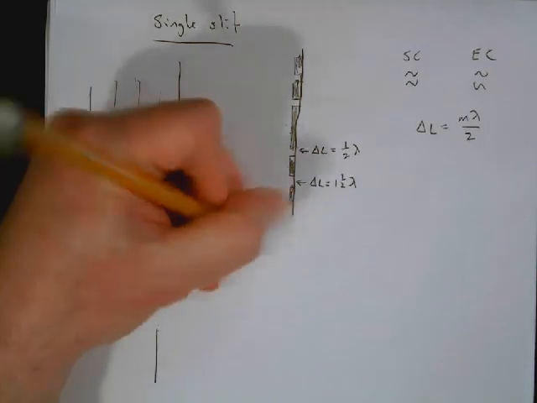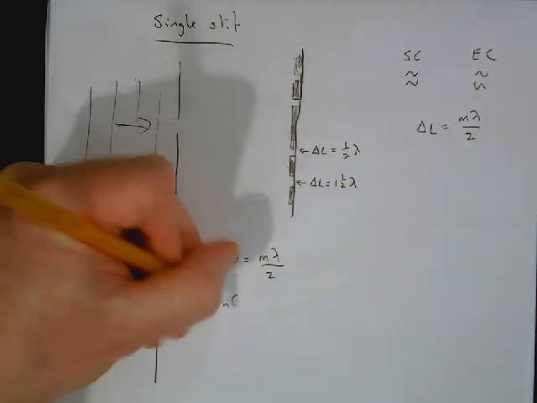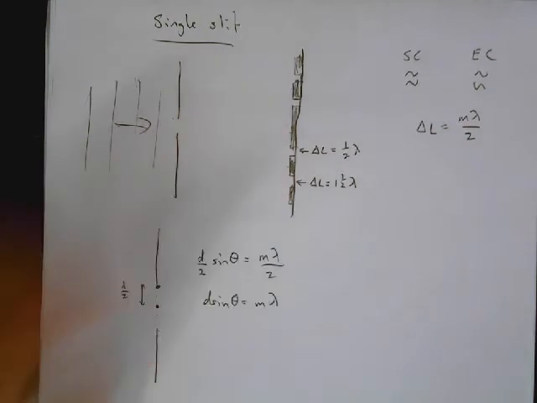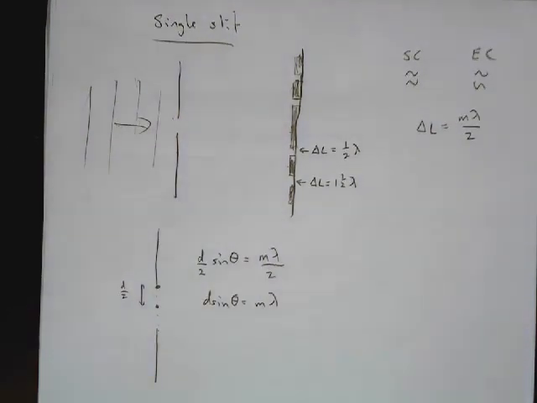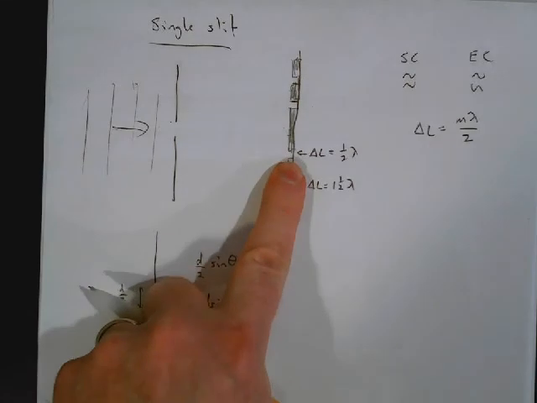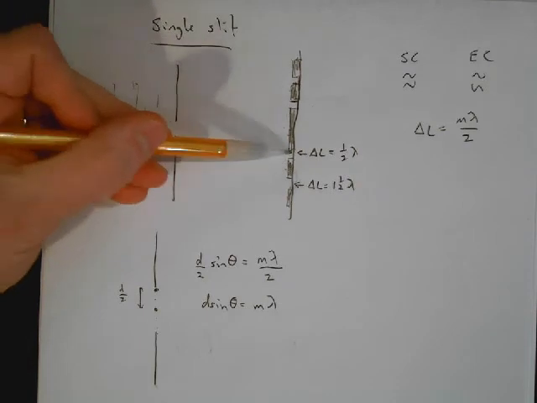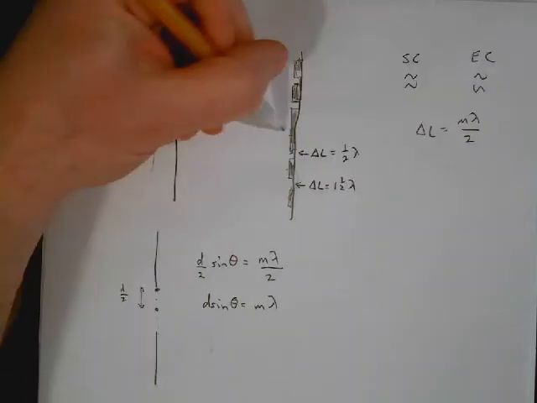So you ended up with d over 2 sine theta equals m lambda over 2. So you end up with the same equation. But you just have to remember, if it's a single slit, your well-defined parts are where it's dark, where it's out of phase, but you do end up with the same equation there.